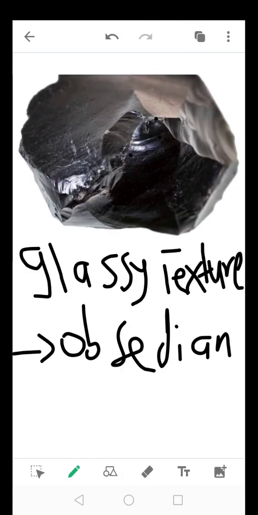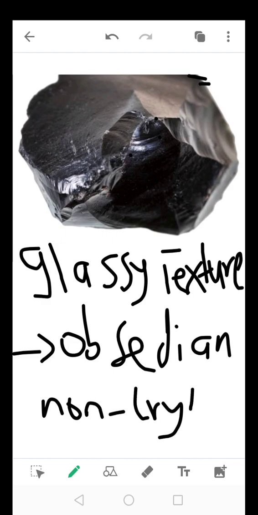So one of the famous textures is the glassy texture in igneous petrology. For the glassy texture, you can look at this rock, we call it obsidian. Look closely into this rock, you can see that there are no minerals or grains seen within this rock. So we call it non-crystalline.